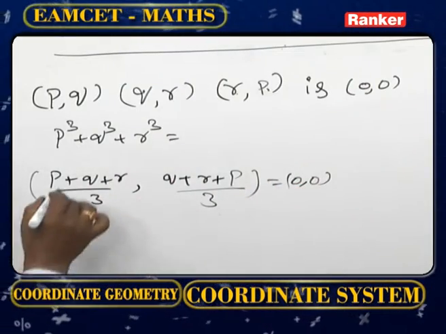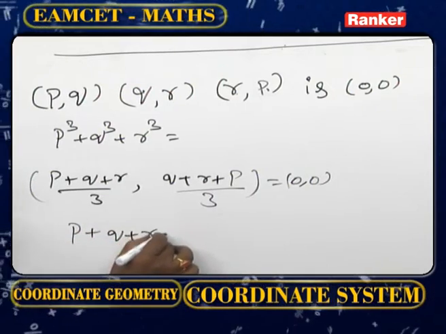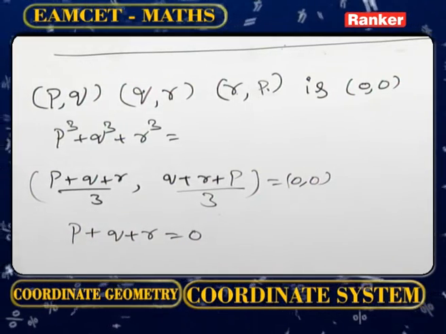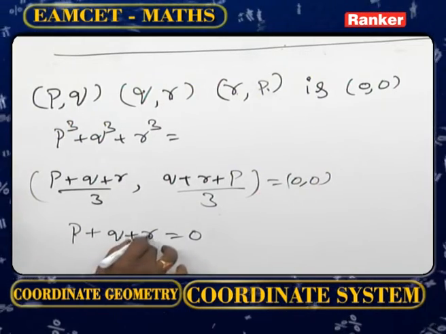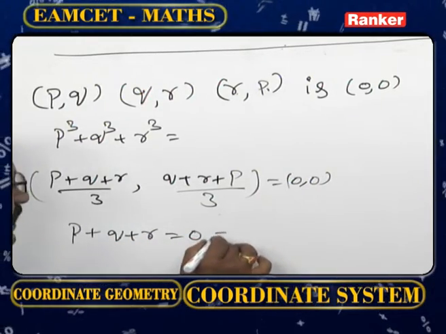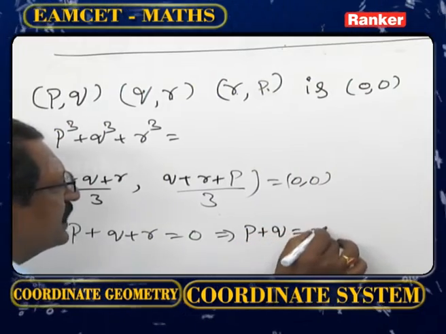Now equating the x coordinates or y coordinates, we get P plus Q plus R equals 0. So P plus Q equals minus R.